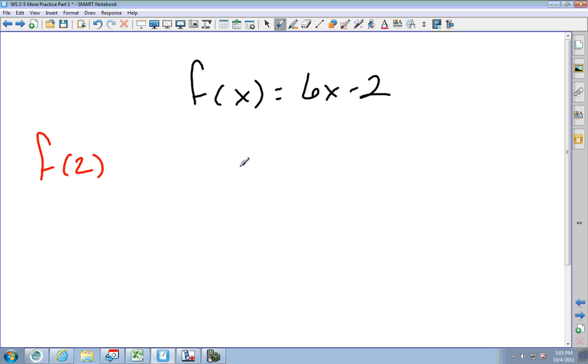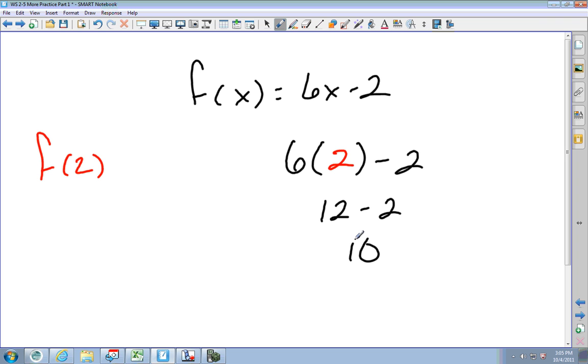Well, I get 6 times 2 minus 2. I get 12 minus 2, and that's 10. So this is my x number, this is my y number. My ordered pair, if I had to write it as an ordered pair, would be (2, 10).